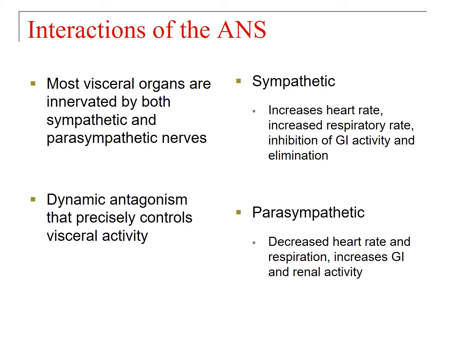So if you need an increased heart rate, increased respiratory rate, then sympathetic will predominate. If you need to increase your GI and renal activity, the parasympathetic will dominate. But they're both always on, and the levels of control, which one is in charge, depends on what your body's needs are, not only from day to day, but from minute to minute.